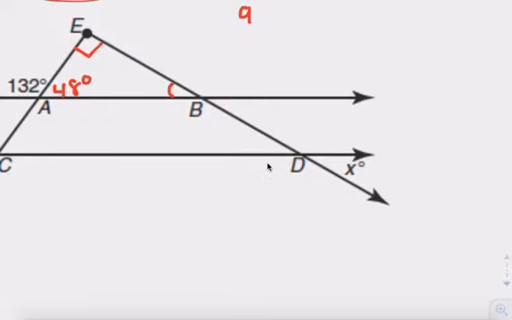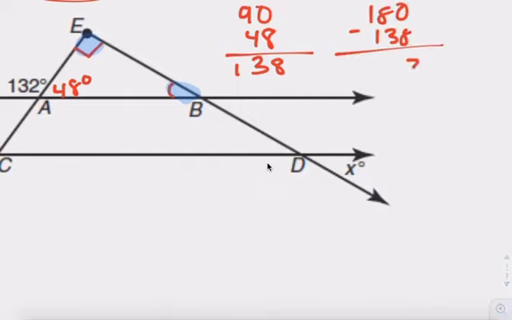So 90 for this one here, 48 for this one here, and that's 138 for two sides. So to find this, because a triangle makes 180, 180 minus 138, 42 degrees.